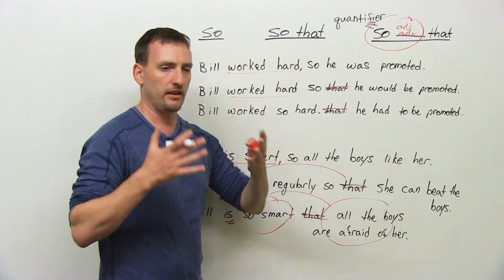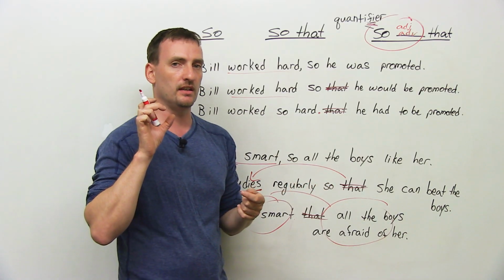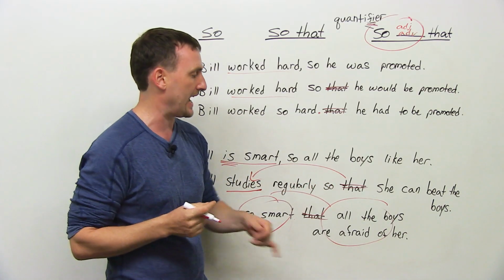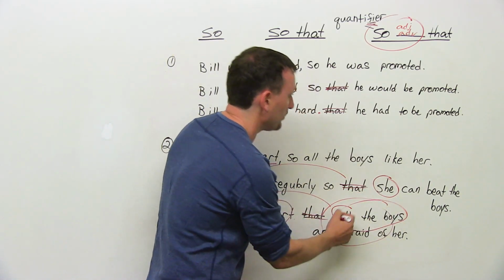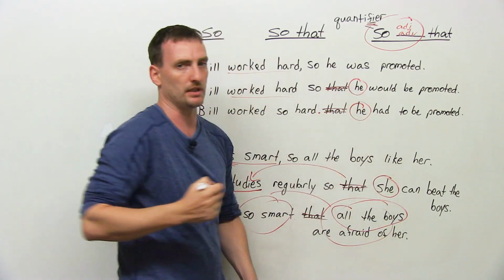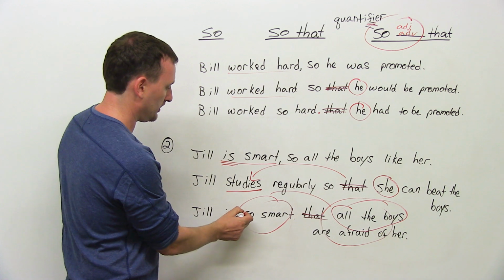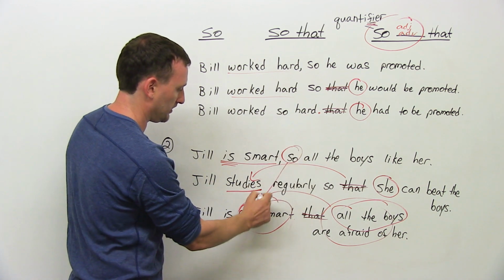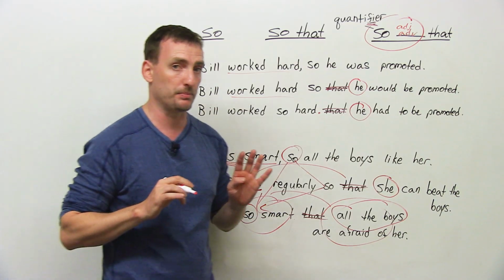It's understood. There are many examples of clauses where you can take out the conjunction that or the pronoun that because you have your subject. Well, you have your subject, you have your subject, you have your subject. So that can come out. The only thing is, don't confuse this so with this so, or this so, or this so. Each one has its own purpose.